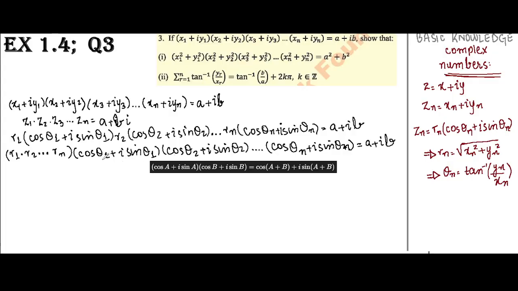But we don't have just theta 1 and theta 2. We have a number of thetas up till theta n. So we are going to add all of these thetas together in the next step.